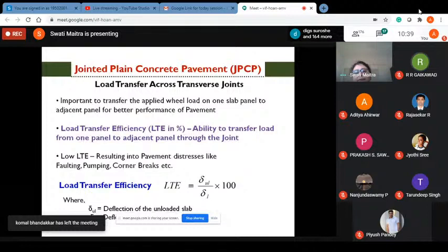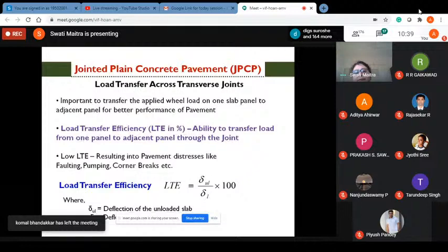But one important thing is that this temperature gradient was given assuming the temperature variation across the depth is linear, that means from top to bottom it varies linearly.